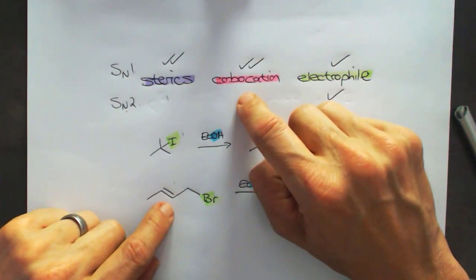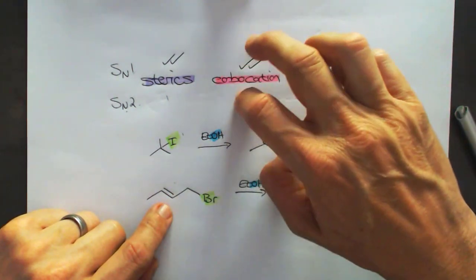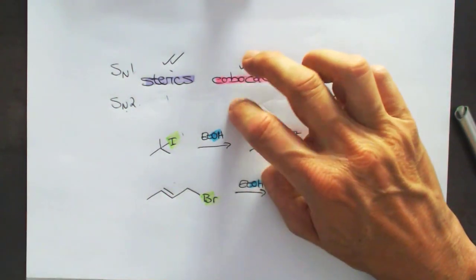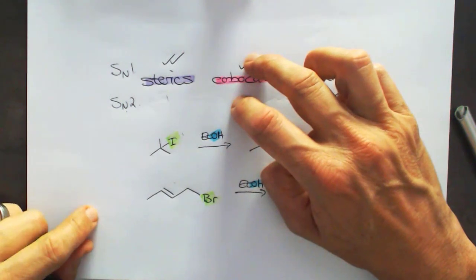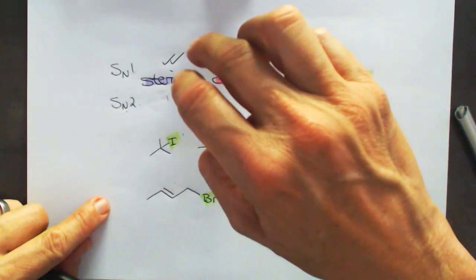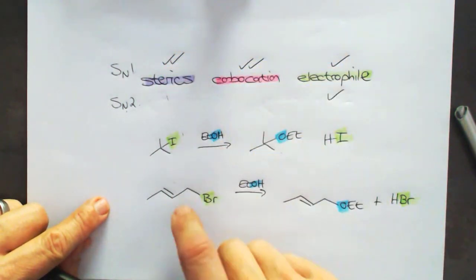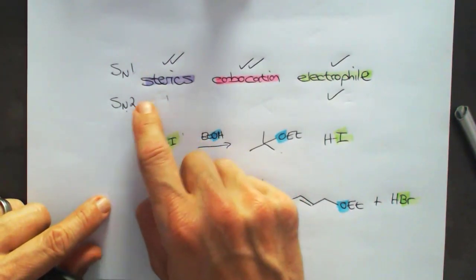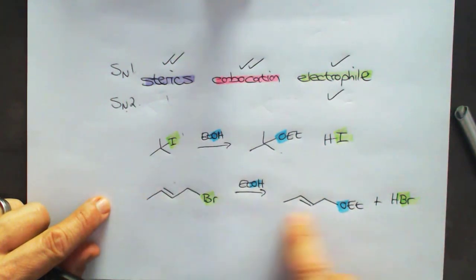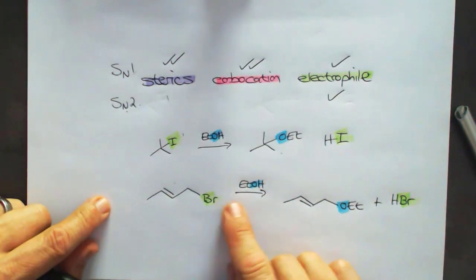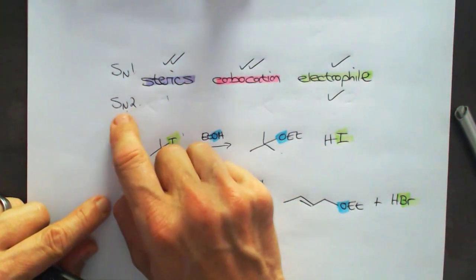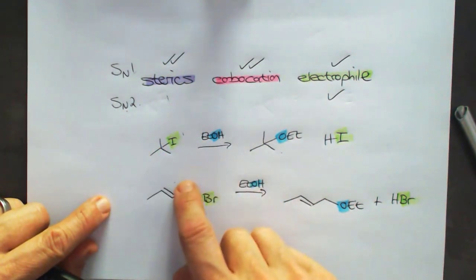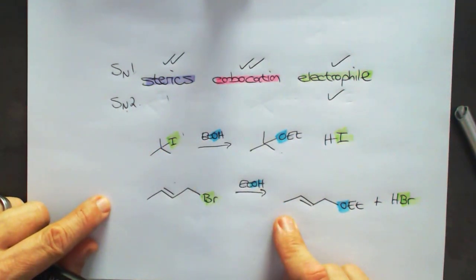And so actually, in this case, we're sitting between the two in terms of saying whether it's an SN1 or SN2 reaction. And in terms of sterics, this one over here looks totally like it's going to be SN2. And so this reaction starts to look a lot more like it's going to be an SN2 reaction, where the nucleophile just adds in and kicks out the bromine.